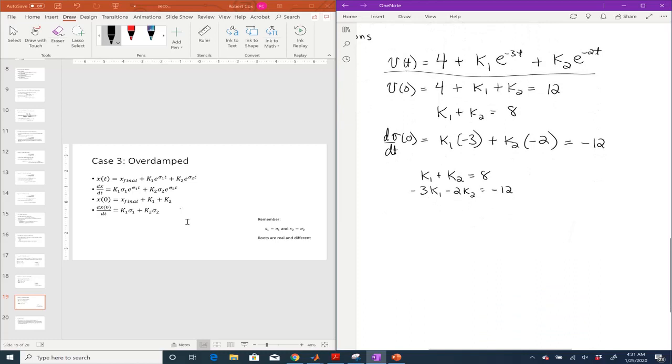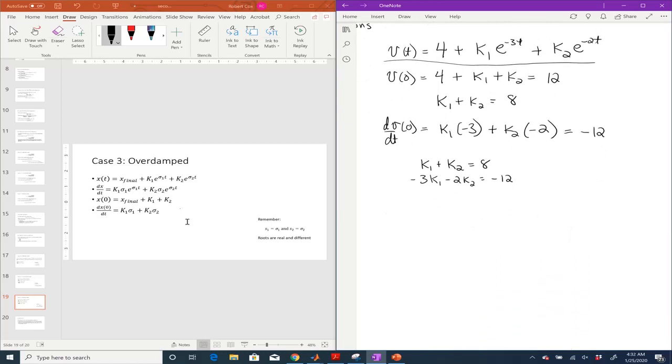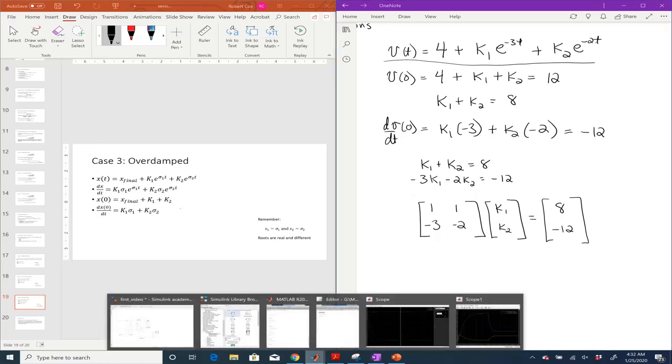In matrix form, this becomes [1, 1; -3, -2] times [K1; K2] equal to [8; -12].